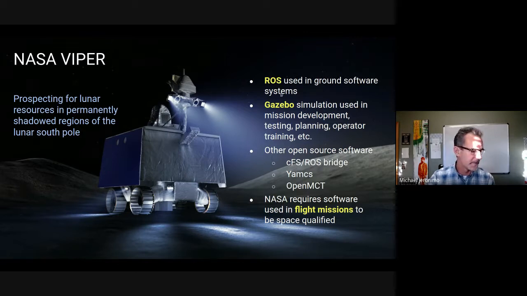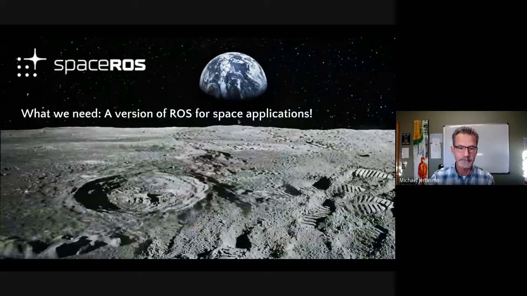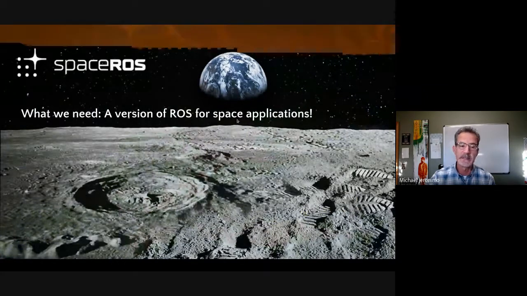There's a lot of tests run against this system, and it's also using YAMS and bridging from CFS to ROS. In order to get on the flight software side, NASA requires software used in flight missions to be space qualified. And this is driving the need for a version of ROS for space applications.